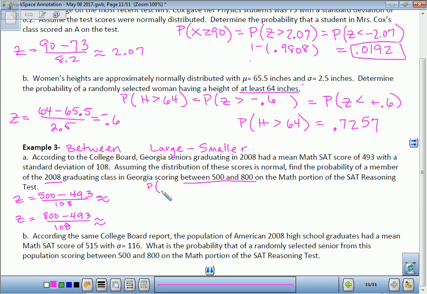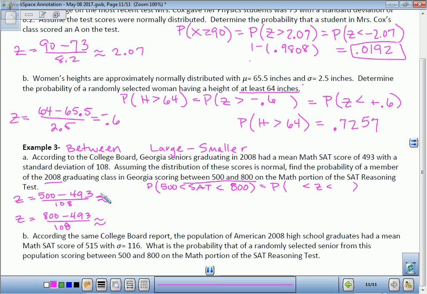The probability that our SAT math was between 500 and 800 is the same as the probability that our z-score is between, we gotta find these two values.